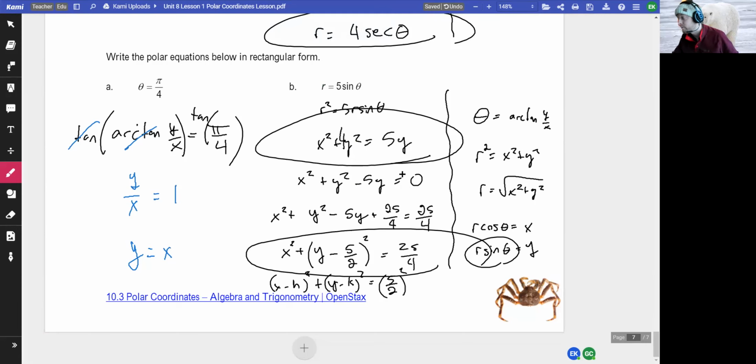If you change the coefficients, you're going to get an ellipse. And if you get rid of one of the squares, you're going to get a parabola. Boom. There we go. That is our intro to polar coordinates lesson. The goal here is to be able to graph polar coordinates and polar equations, and then to be able to move back and forth between what we used to know, rectangular, and what we know now, polar.